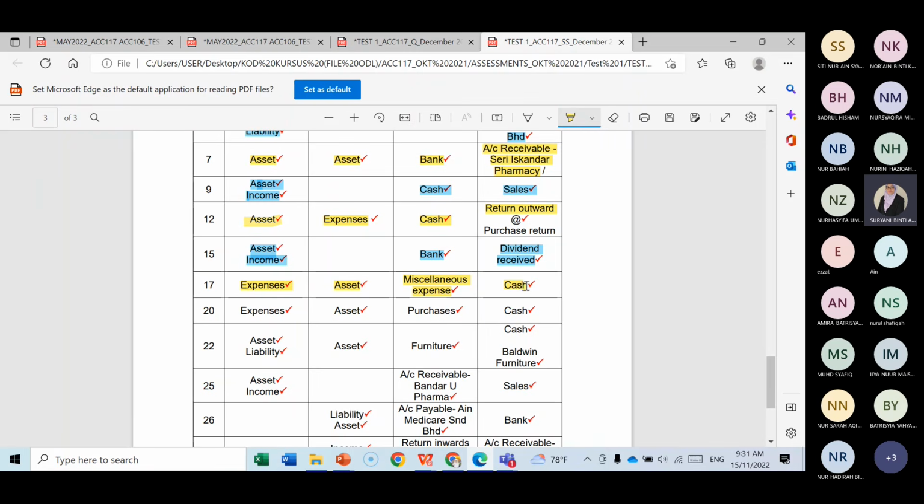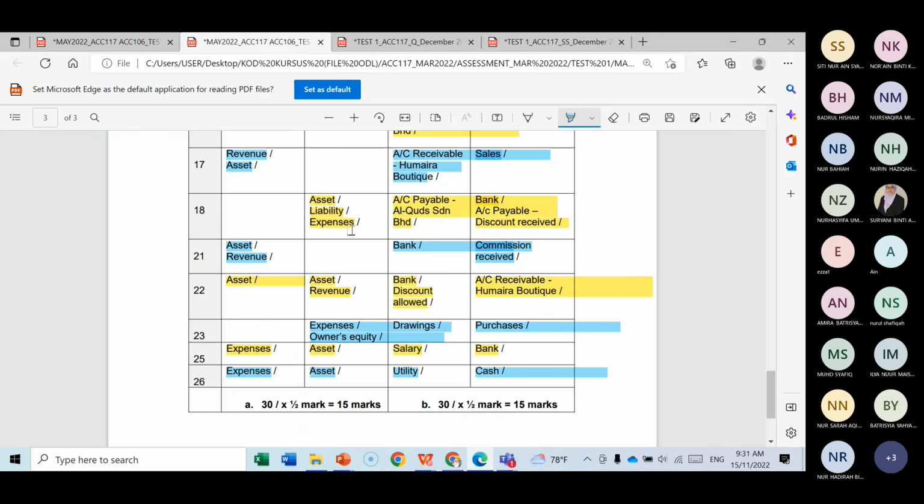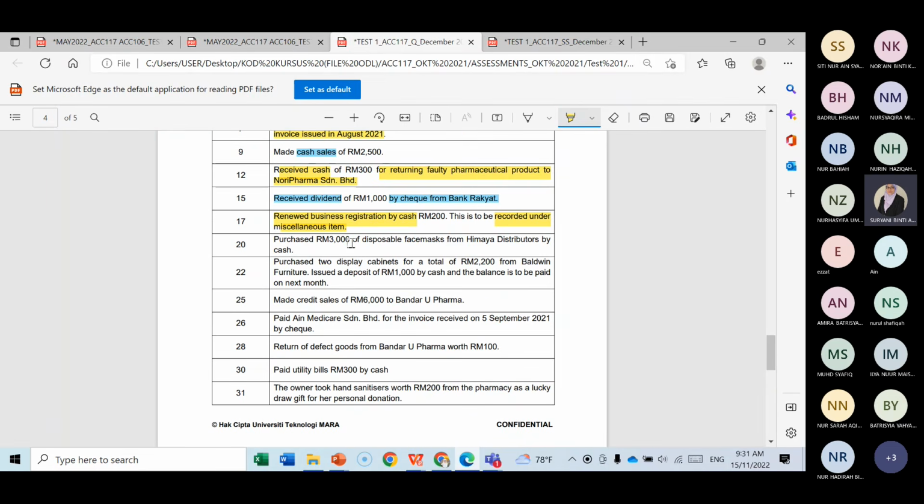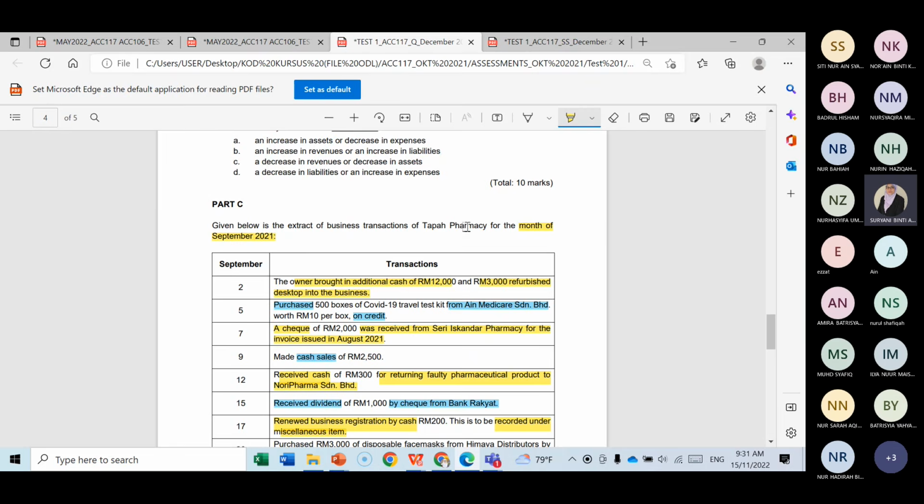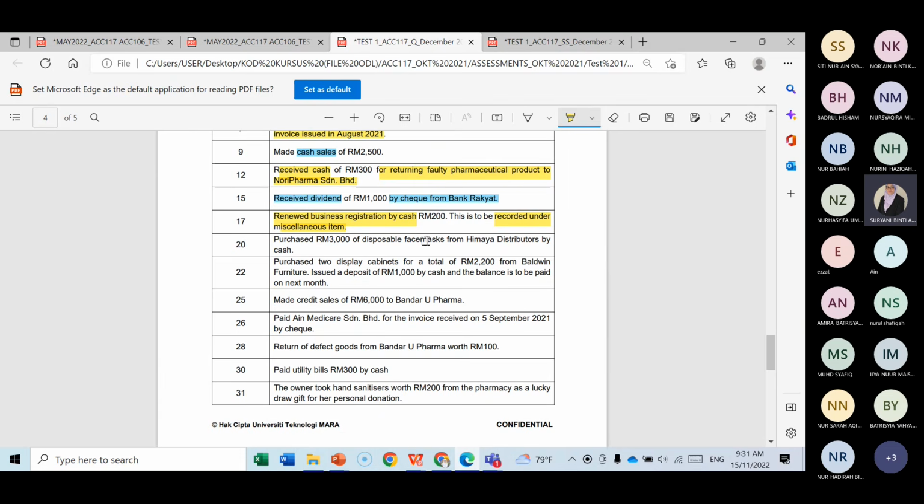So credit the cash account. Okay, move to 20th. Purchase disposable face masks from Himaya distributors by cash. Disposable face mask is part of your stocks, because you are running a pharmacy business. So of course, face mask is one of your product.